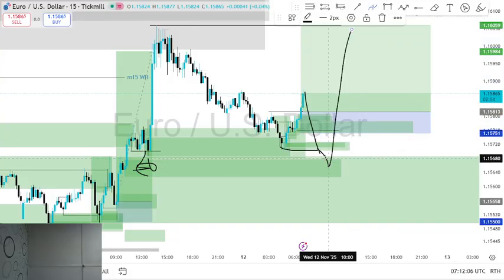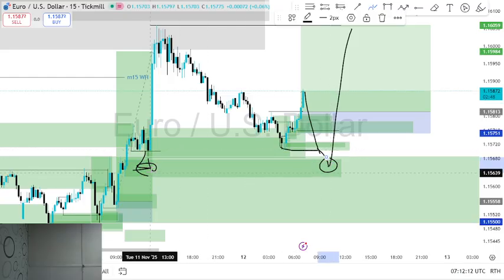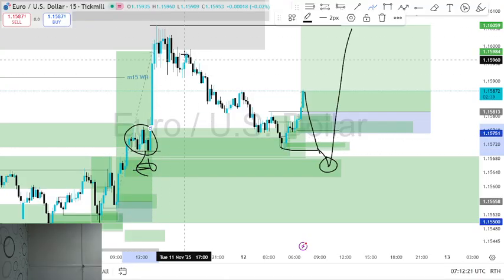We can step in here and buy after the strong liquidation, and we will identify this zone to be used as inducement because this is on the same time frame.